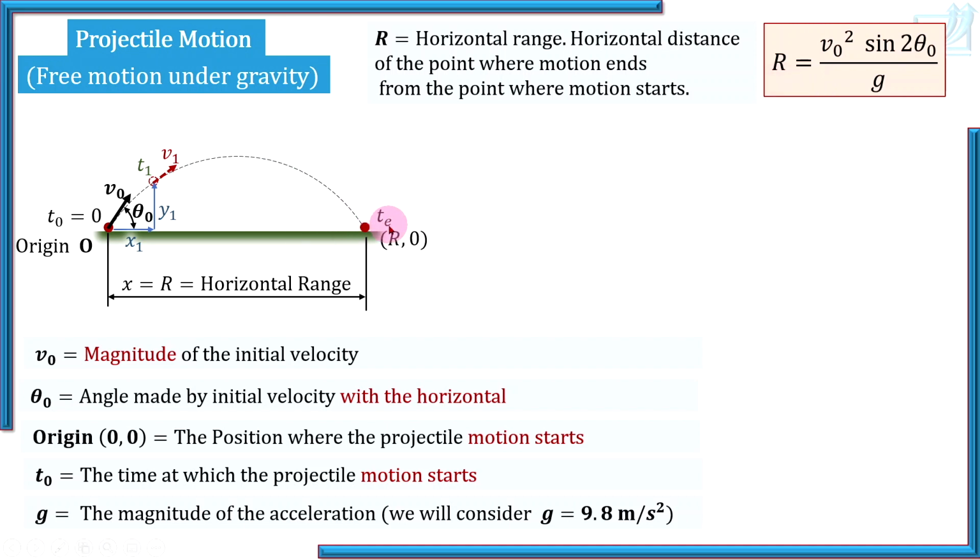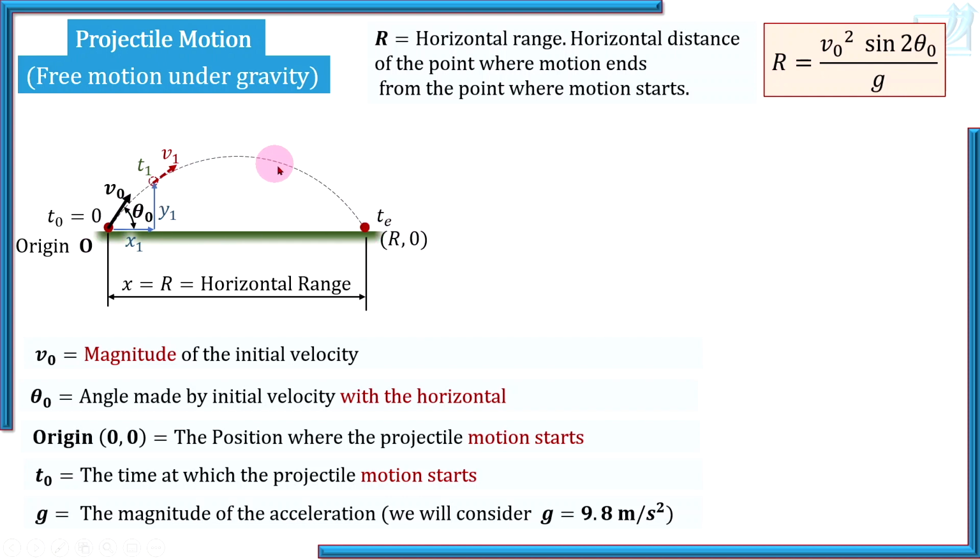Now remember t0, the time when motion starts, and t equal to te, the time when motion ends, describes the time of flight. At t equal to 0, motion starts and at t equal to te, motion ends.